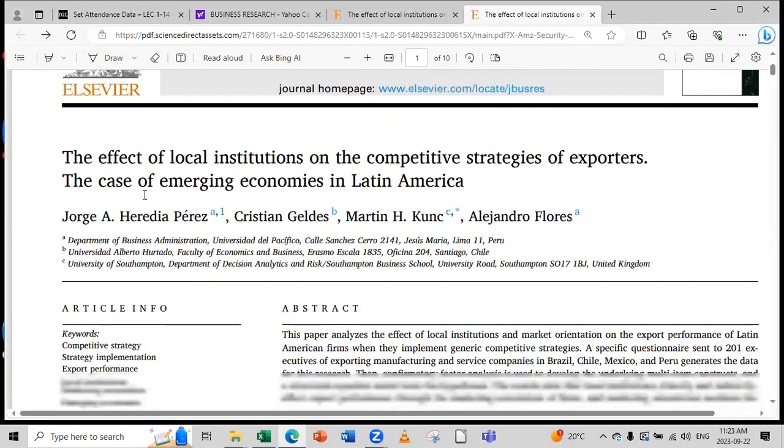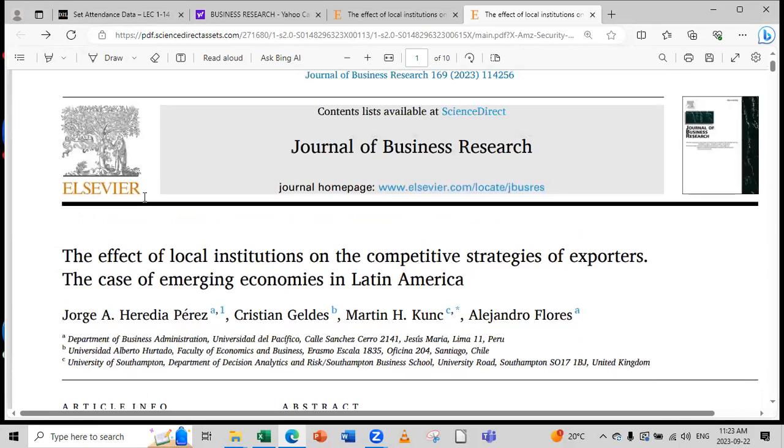Okay. Here, the first part is the label or the name of the research. So you will write the name of the research. What is the name of this research?